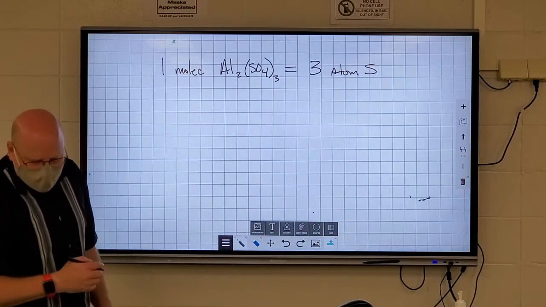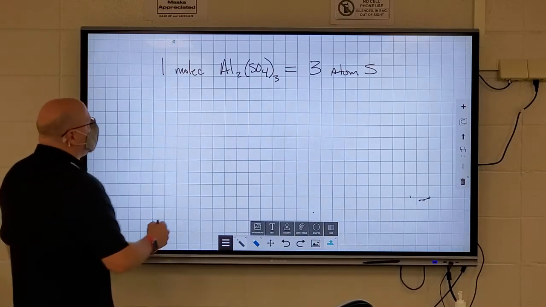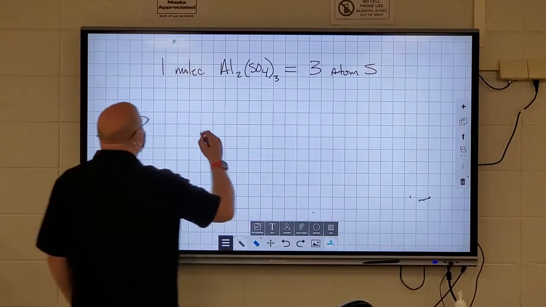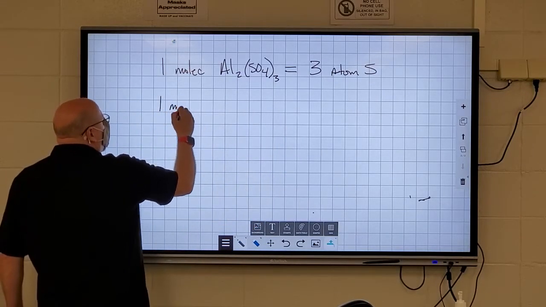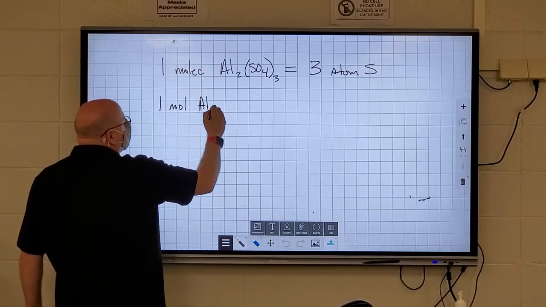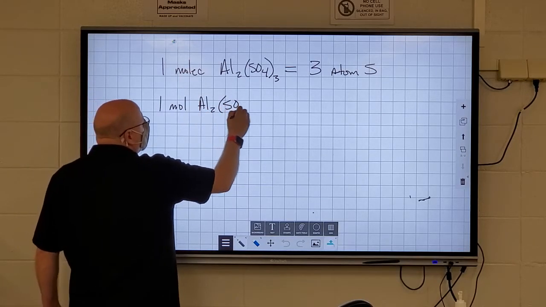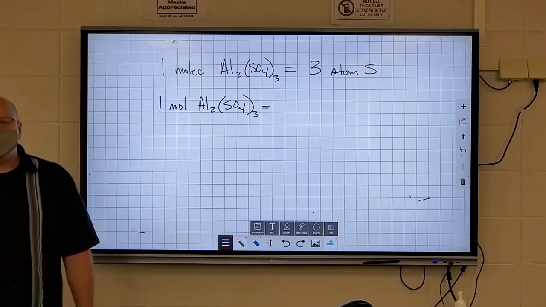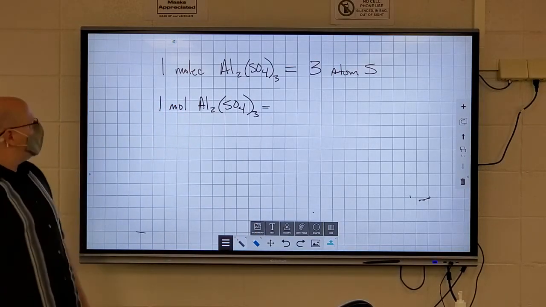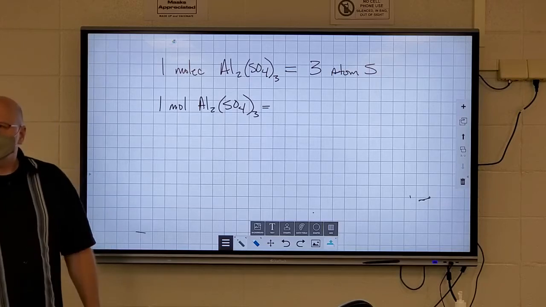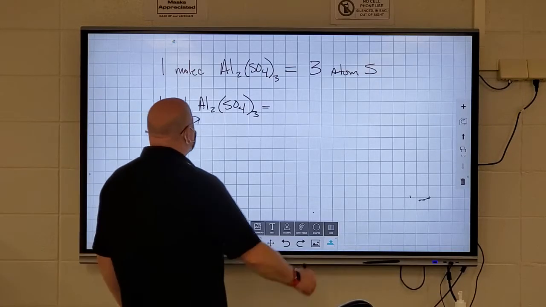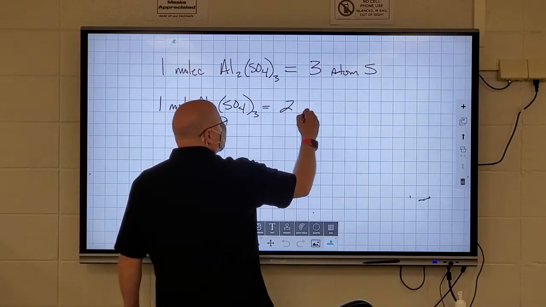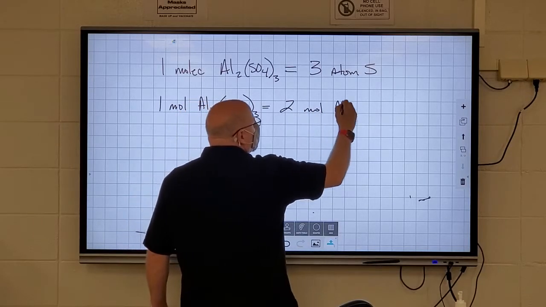How many moles of aluminum are in 1 mole of aluminum sulfate? So if I had 1 mole of aluminum sulfate, how many moles of aluminum would I have? I think you would have 2 moles of aluminum.